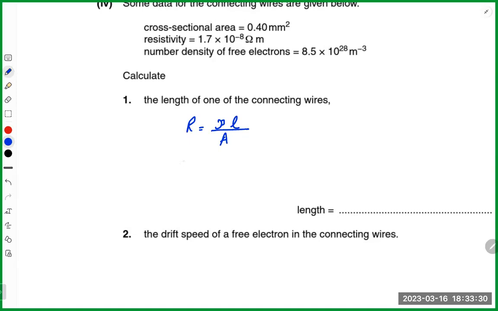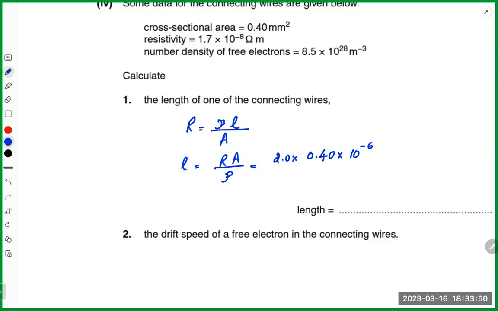So L equals resistance times area over resistivity. So 2.0 multiplied by area, 0.40 into 10 to the power -6.